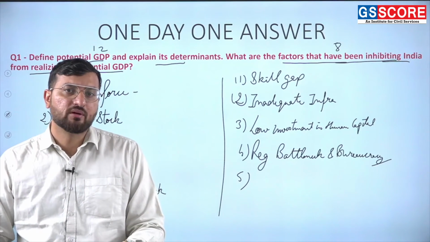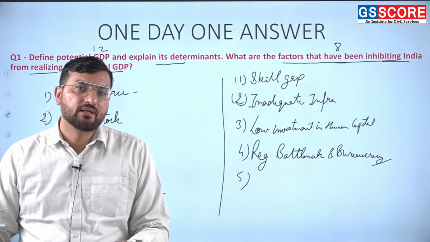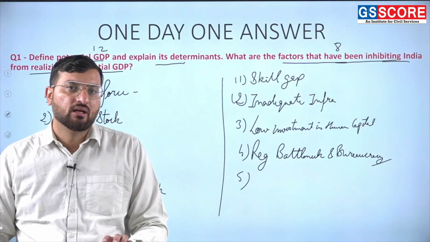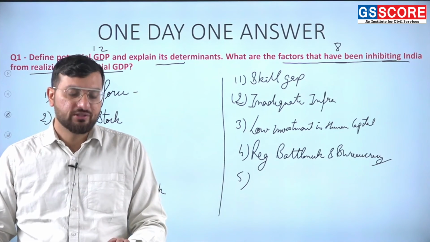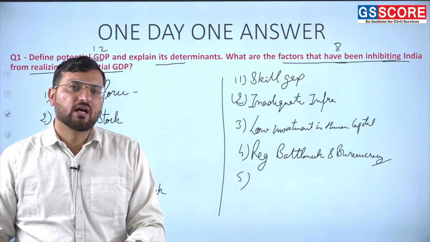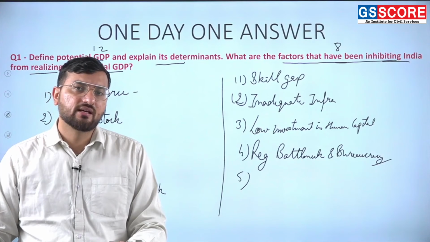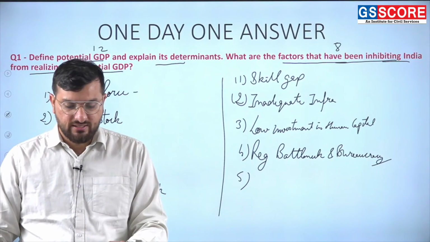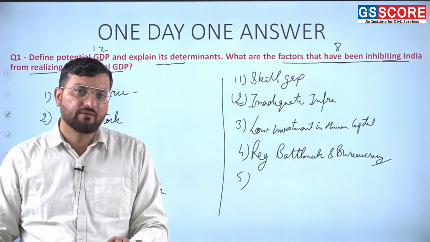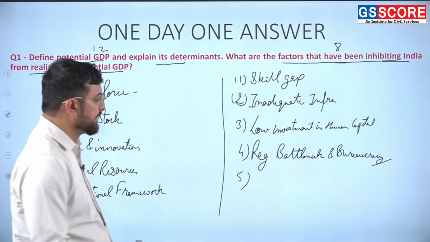The rising problem of NPAs is there, and cheap access to affordable credit is not there. So all these problems are leading to further dropping of the potential GDP numbers. Then next point we can talk about is unavailability of power supply and environmental constraints. Water scarcity is there, pollution is there, and cheaper access to electricity is not available. So we will not be able to reach the GDP potential.